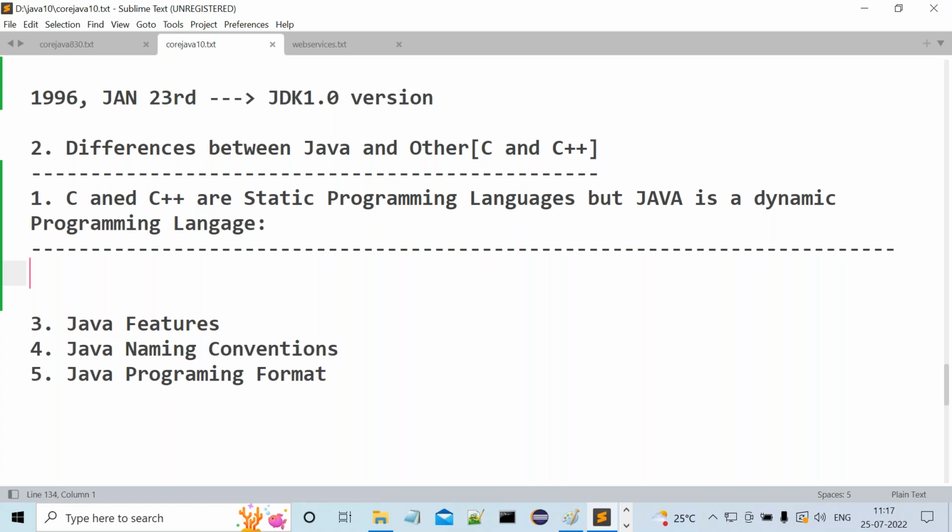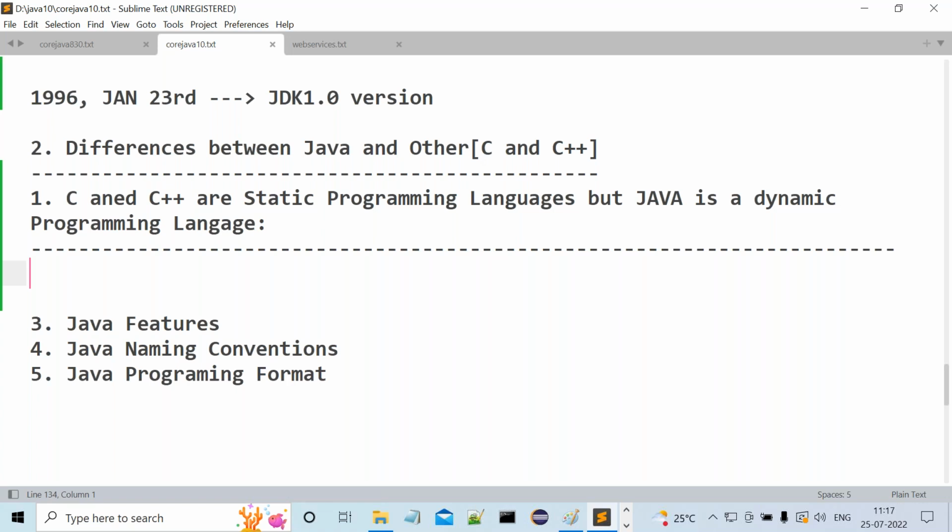All of you listen carefully. First of all, I will give a statement. After that, I will give an explanation for that statement. Now try to listen carefully. If any programming language allows its applications to provide memory allocation for the primitive data at compilation time, that programming language is a static programming language.